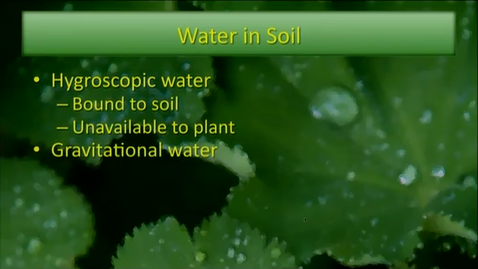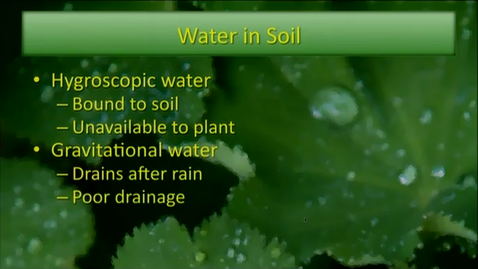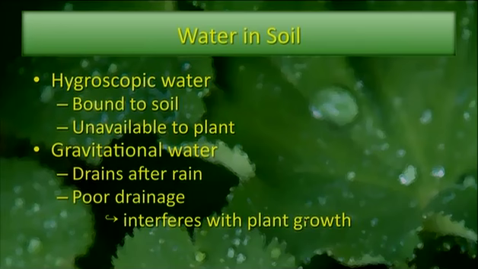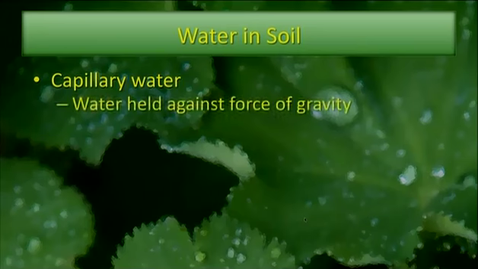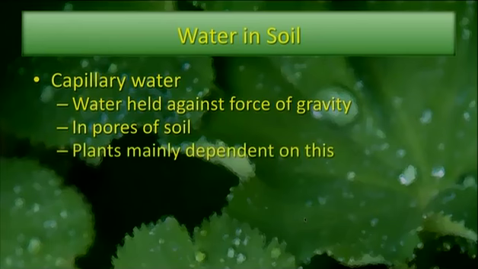Then there's gravitational water, which usually drains after a rain, but if you have poor drainage, that can interfere with plant growth, because plants need good drainage in their soils, even though they also need water. Now capillary water is water held in the soil against the force of gravity. It's held in the pores of the soil, and this is the kind of water that plants are mainly dependent upon.